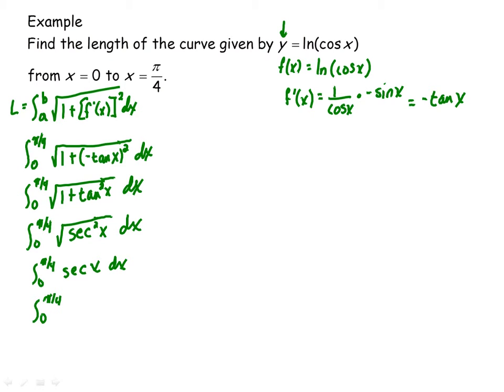What is the integral of secant u du? Not secant squared u, secant u. Natural log. Good. Of secant x plus tangent x plus your constant, which we don't need because we have a definite integral, right?